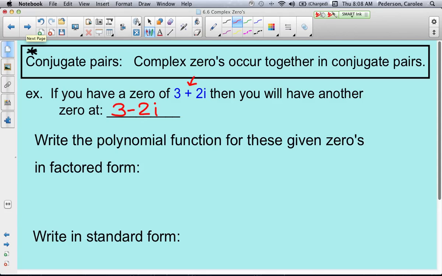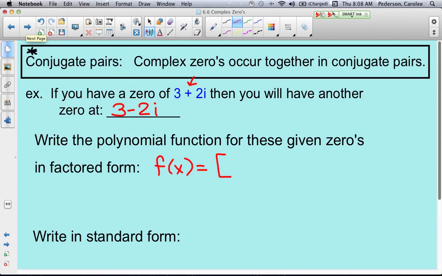Remember, those are not x-intercepts on the graph. They're still zeros of the function, but they're not x-intercepts. So let's go ahead and write this polynomial in factored form. So when you are going through and writing this problem down, so f of x equals, I'm going to put a bracket here.